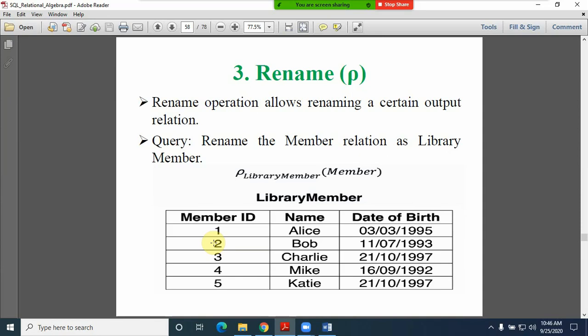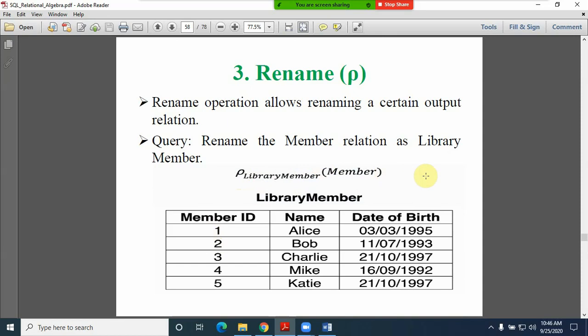The rename operation allows renaming a certain output relation, for example renaming the member relation as library member. So rather than using member, we are renaming that member as the library member. Here we mention rename member to library member, that's all.